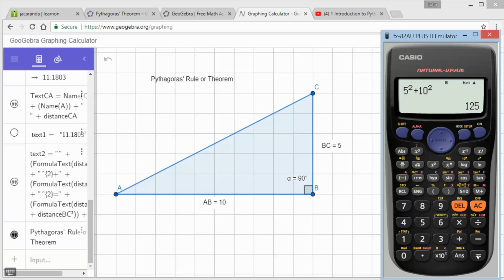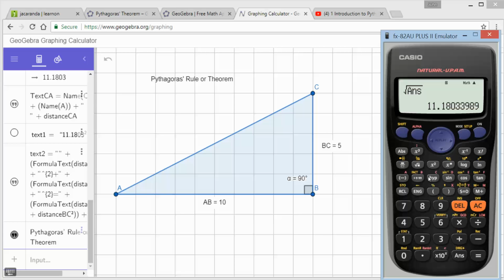So it's a little recipe here: we work out the square of each shorter side, add them together, and then finally we take the square root of that. On your calculator, if you press the square root and then press answer, that'll be storing the 125 you worked out previously, and we get 11.18.